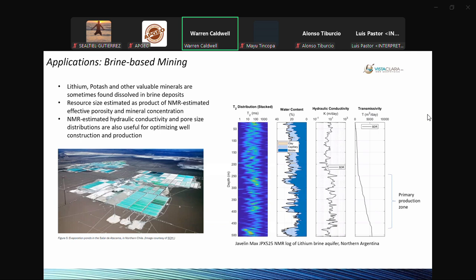They use it for optimizing well construction and most importantly for estimating resource size, because the NMR provides effective porosity, and they combine that with their estimates of mineral concentration and that provides an estimate of resource size.